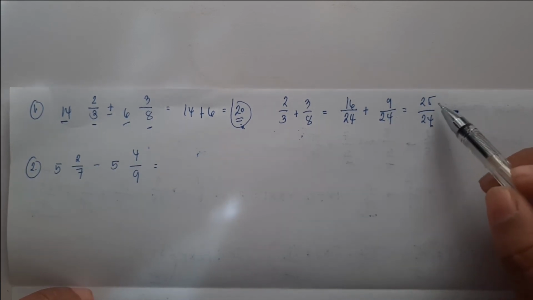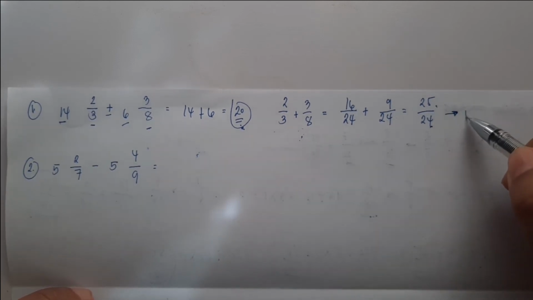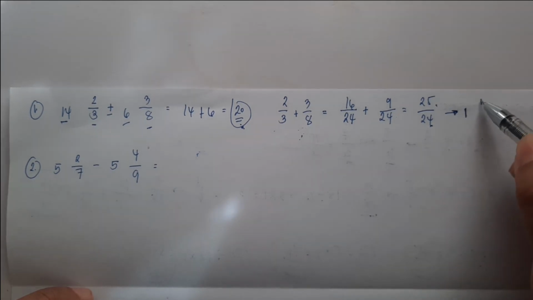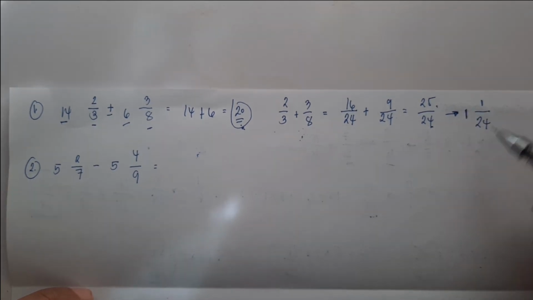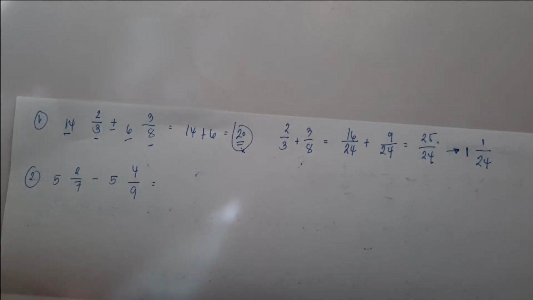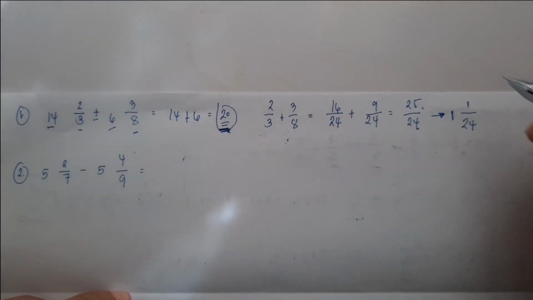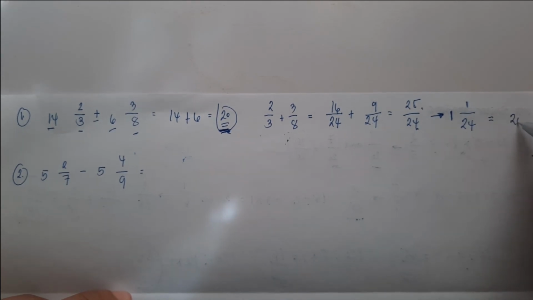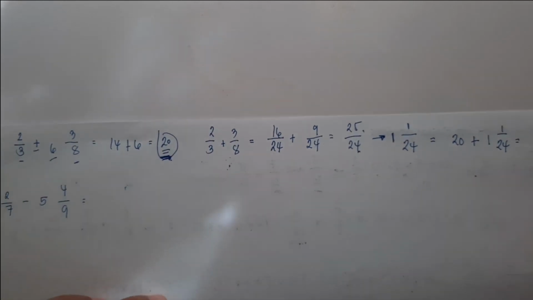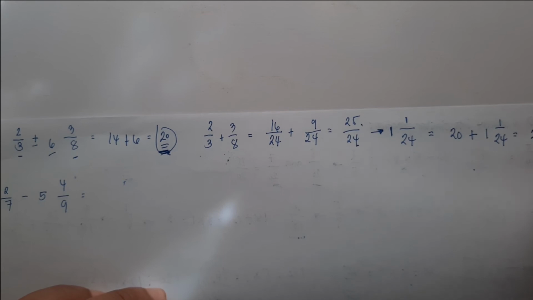So pila ka 24 ang naa sa 25? There is only 1. So naa tay remainder nga 1. So we have 1 and 1/24. So, since naa man tayo remaining at 20 na integer part, so 20 plus 1 and 1/24. So, the answer is 21 and 1 over 24.